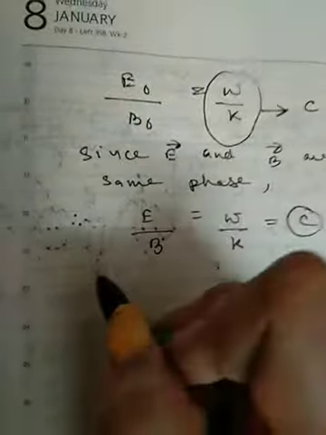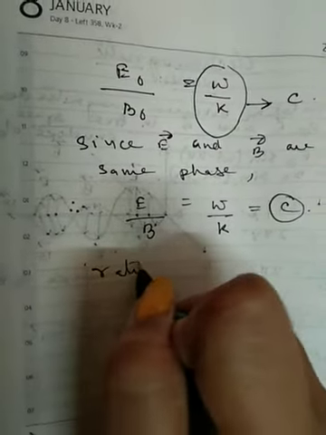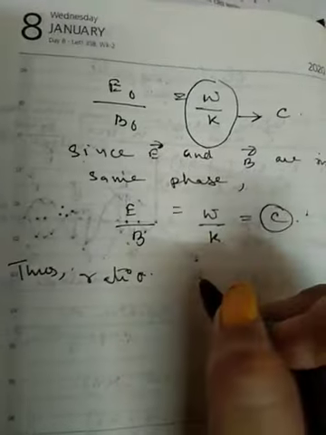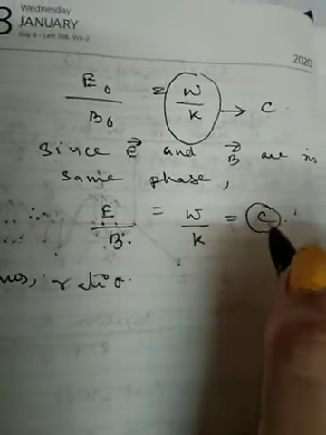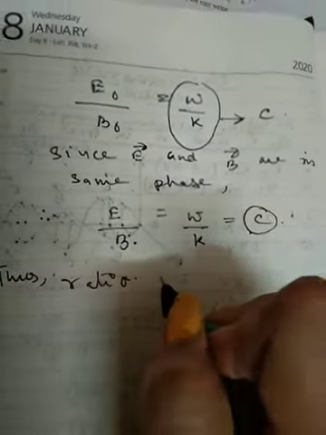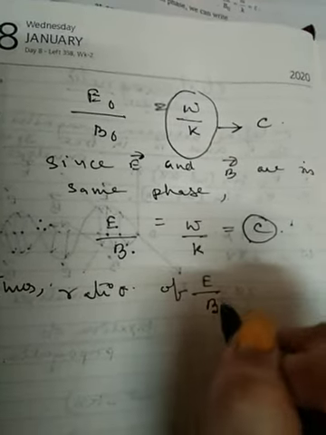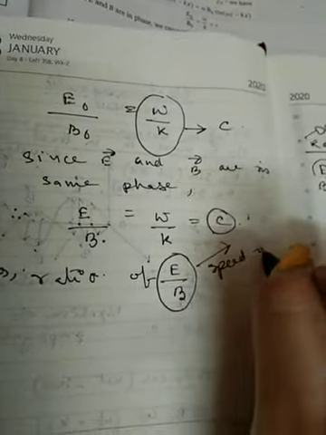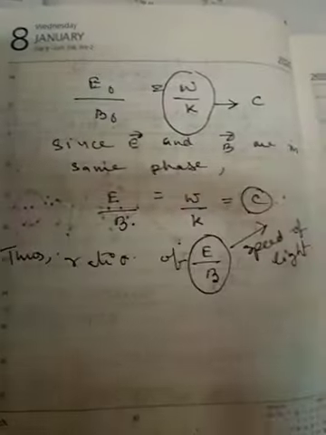Thus the ratio of electric field and magnetic field equals the speed of light. Thus the ratio of electric field and magnetic field, this is the ratio, this equals the speed of light. Is it clear?